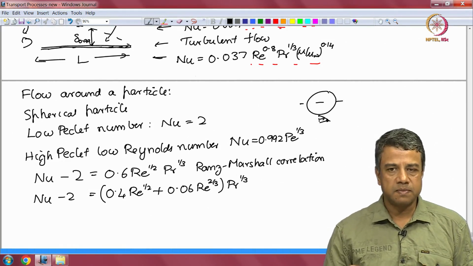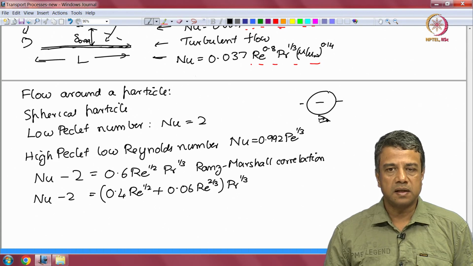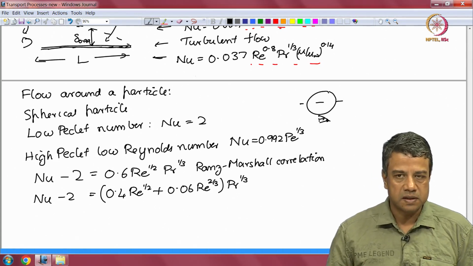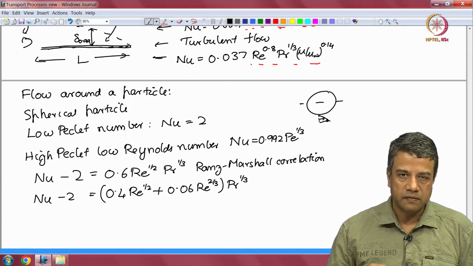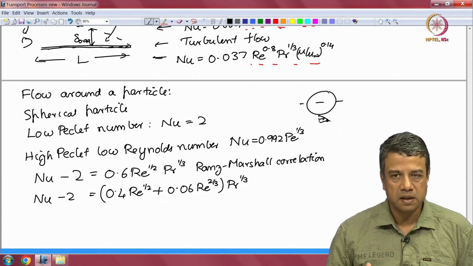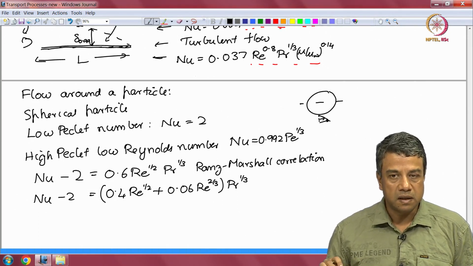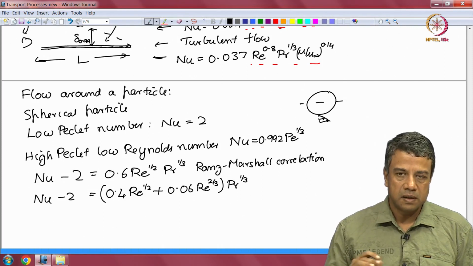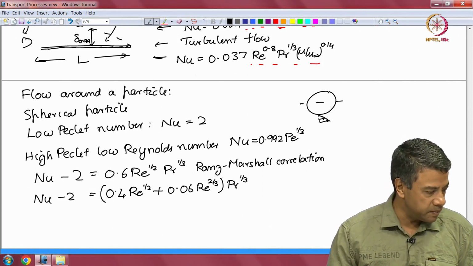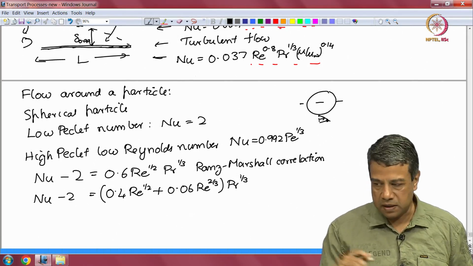So, these are the types of correlations that you will find in literature. I will not go into details of all the different types of correlations that are there. Some are relevant in some situations whereas others in other situations, and you should choose the correlation from literature depending upon the specific problem that you are considering. I will just focus on how these can be used to derive actual estimates for design of processes.